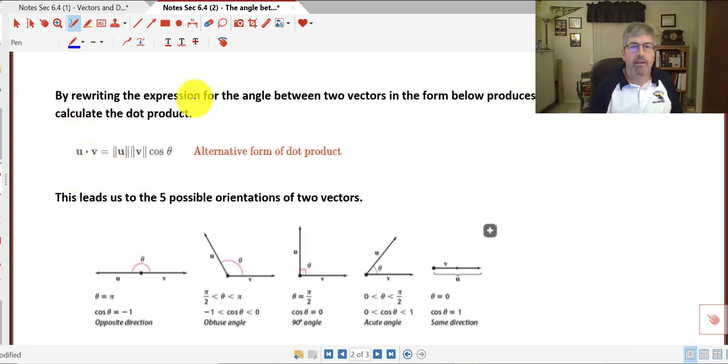By rewriting the expression for the angle between the two vectors in the form below, it produces an alternative method to calculate the dot product. You'll notice that the magnitude of u times the magnitude of v was in our denominator.